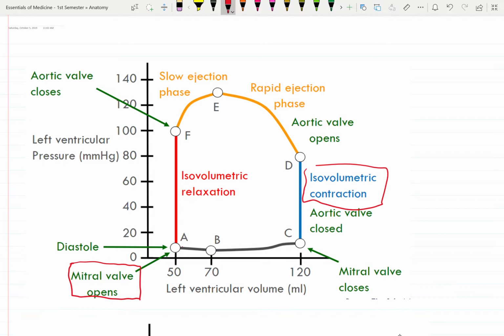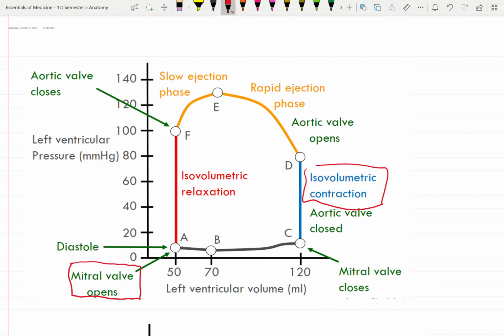And so in order to open, the left ventricle needs to exceed the aortic pressure, and that would occur at point D. And so just to recap, during isovolumetric contraction, that is from C to D, the buildup of the ventricular pressure occurs without change in volume. And that's simply because the mitral and aortic valves are both closed.